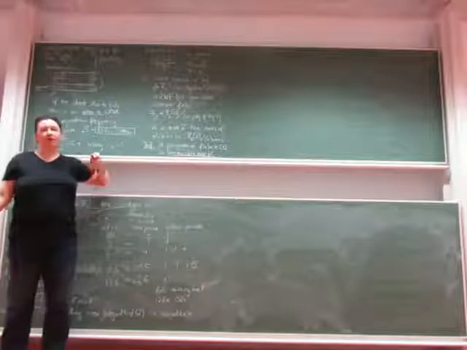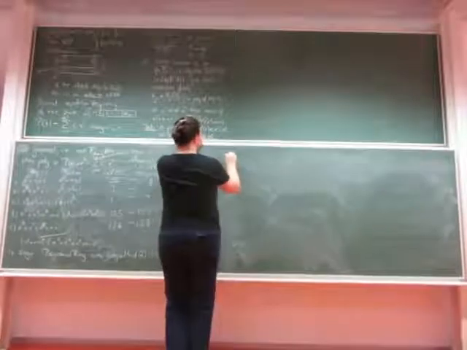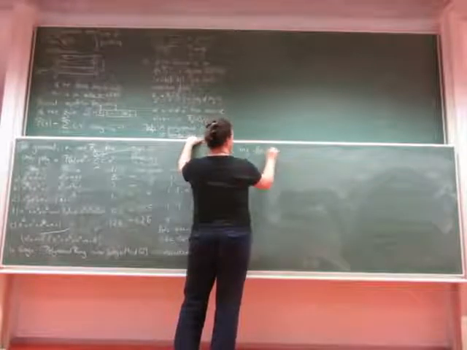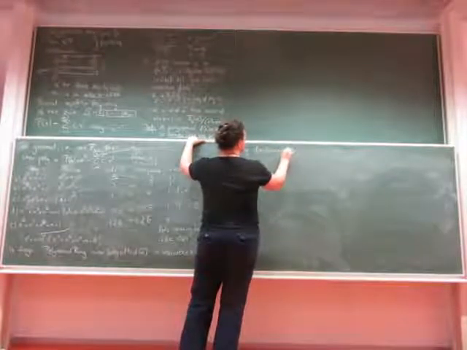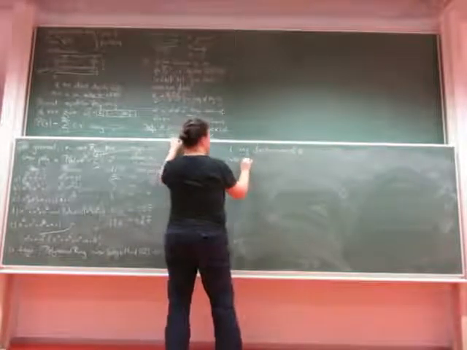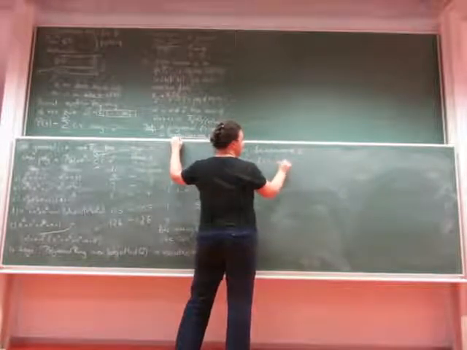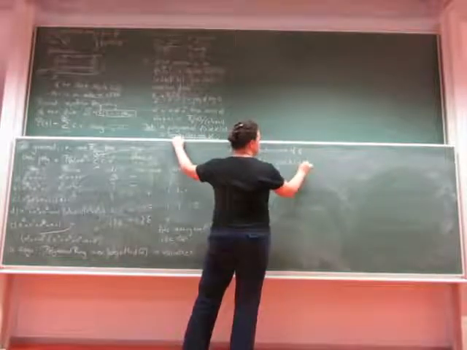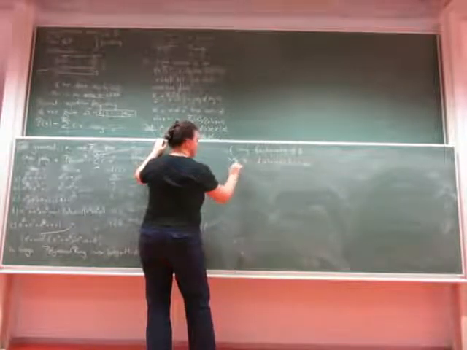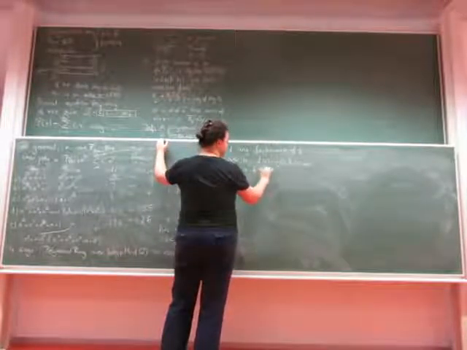So the degree of f shouldn't change. So a polynomial is irreducible if any factorization of f over k, where you write f of x as g of x times h of x, has g as a polynomial just a constant, or h just a constant.